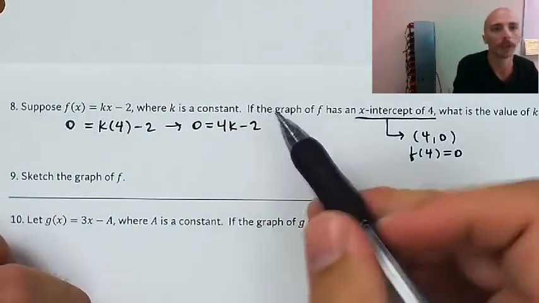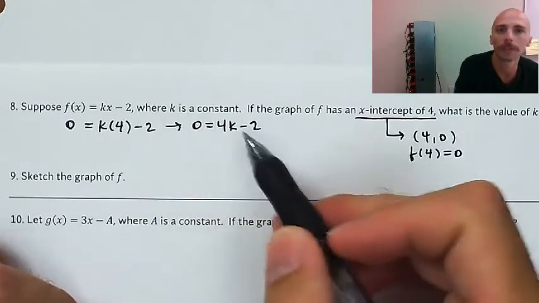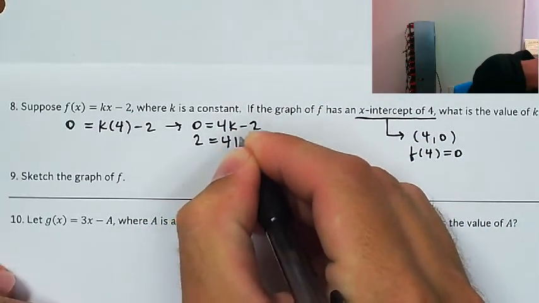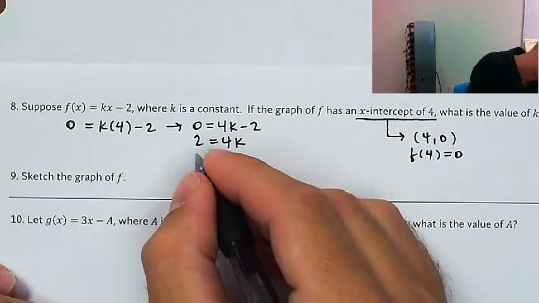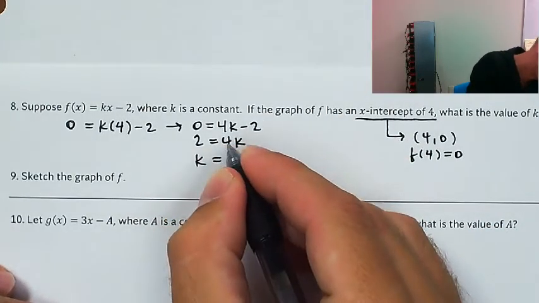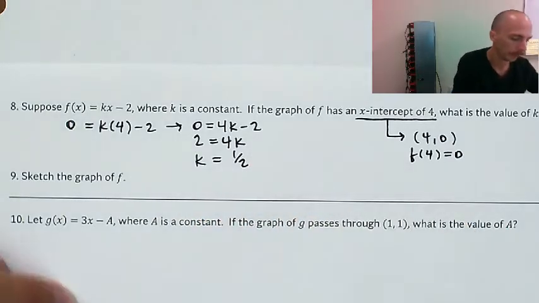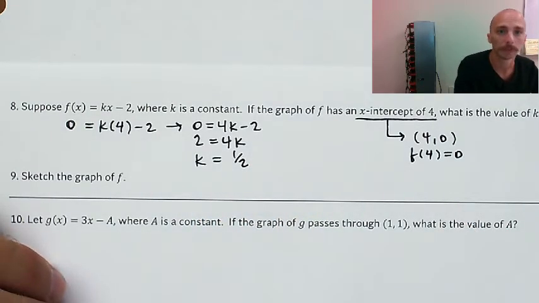And then we're back to what we did last time. We can solve this equation by adding 2 to both sides and then dividing by 4. Okay, so I'm going to add 2 to both sides. And I'm going to divide by 4, and I'm going to say k is 2 divided by 4, which is the same as 1/2.